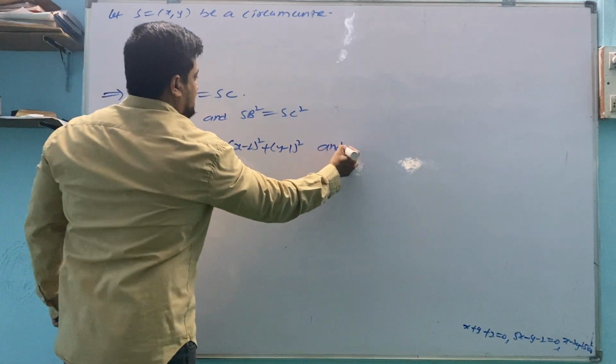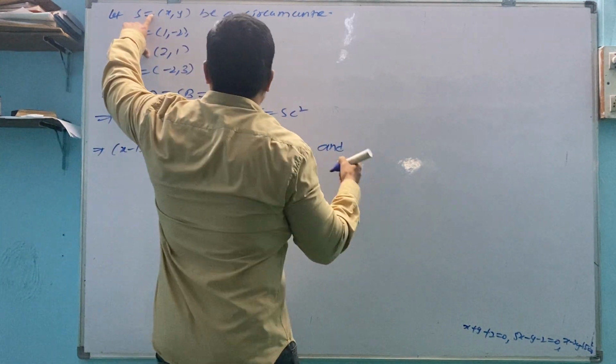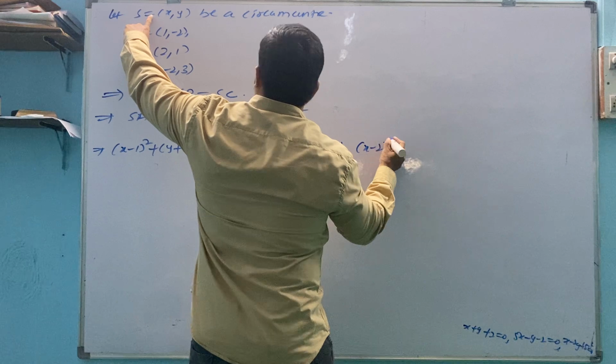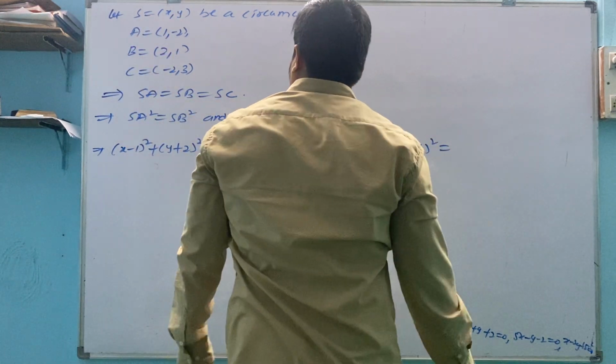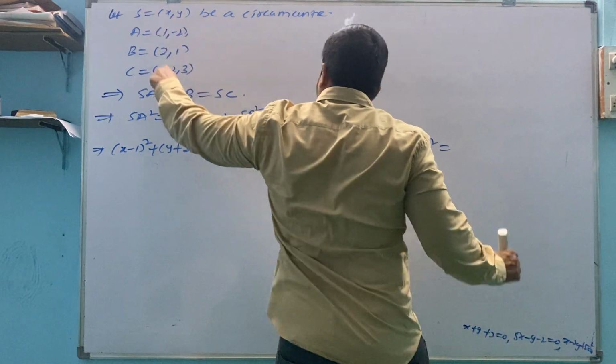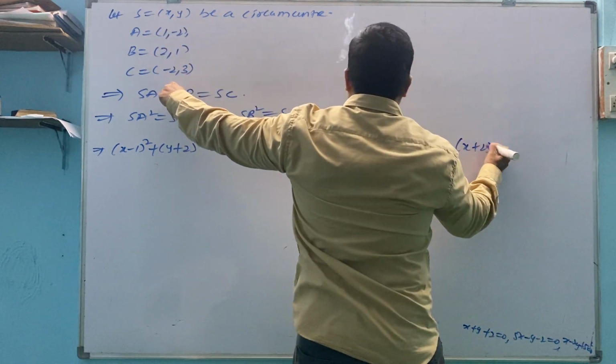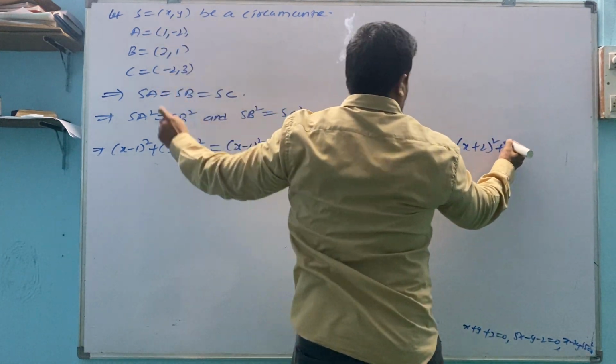And SB square equals SC square: (x minus 2) whole square plus (y minus 1) whole square equals (x minus of minus 2, that is x plus 2) whole square plus (y minus 3) whole square.